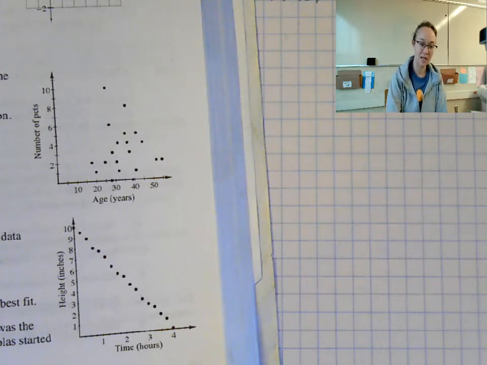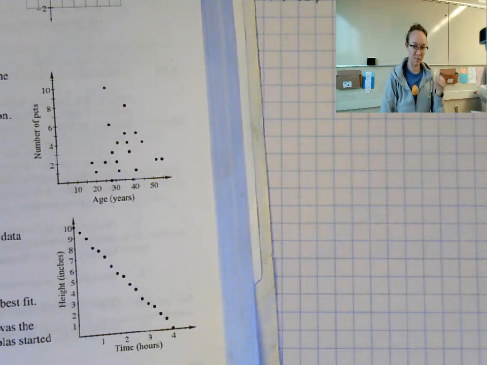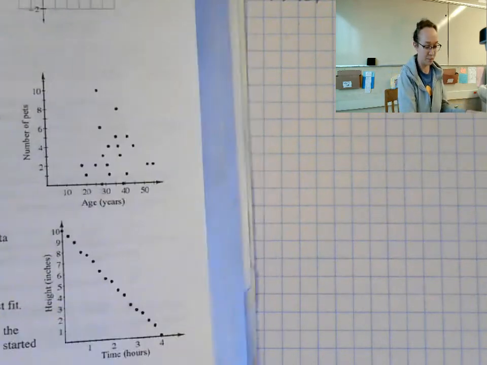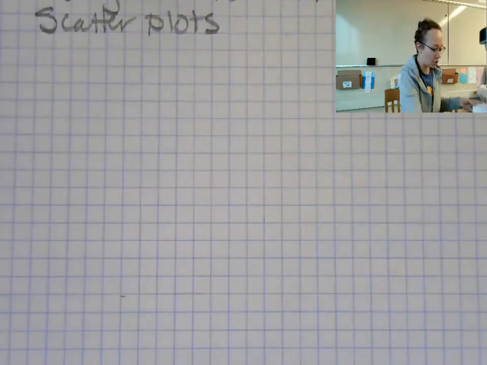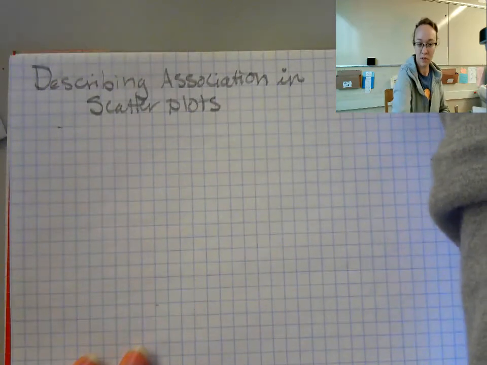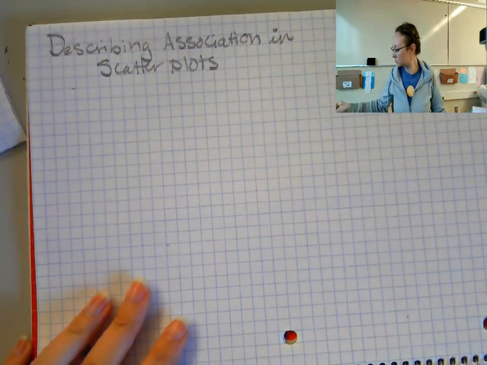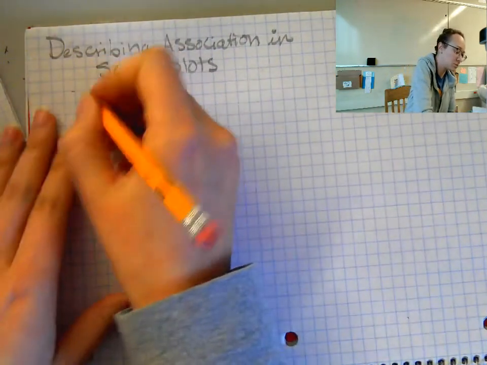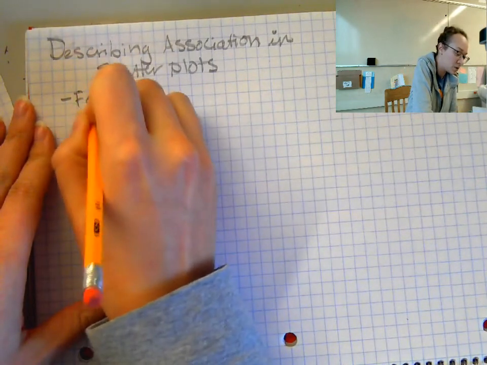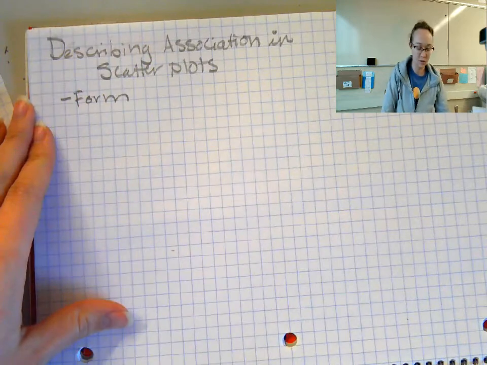Right, so the big ideas, there are going to be four things that we need to address here. Whenever you're describing association, you need to describe the form of the association.